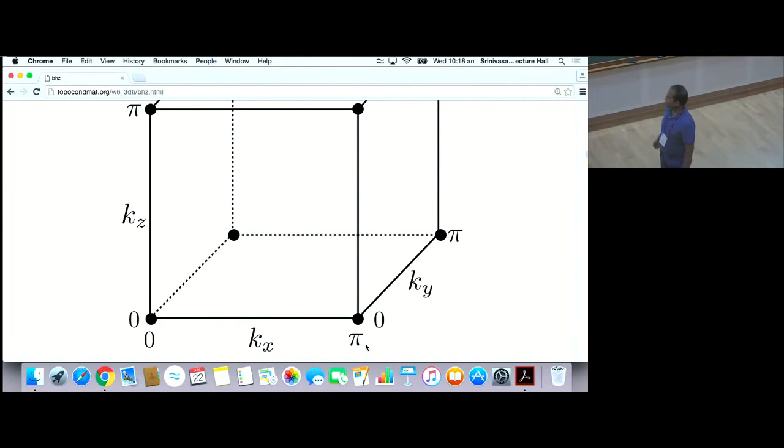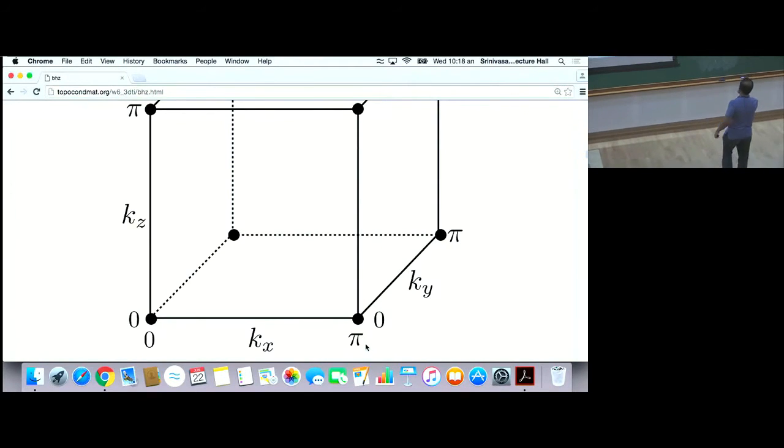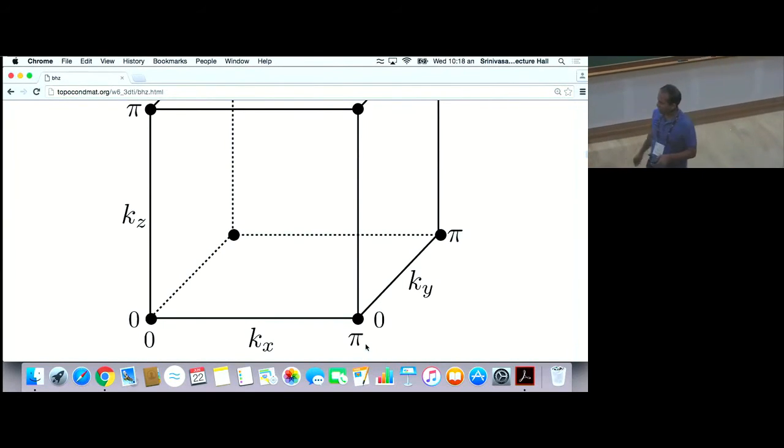I expect them as long as the product of the orbital parities at 0 and pi is odd, then I expect this at kx equals 0, based on this argument so far.